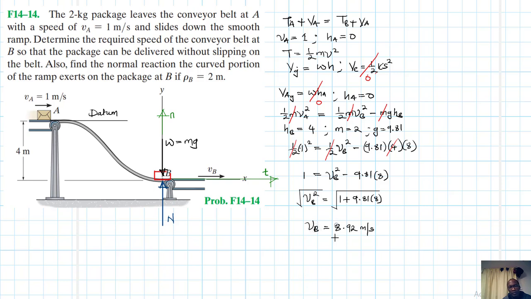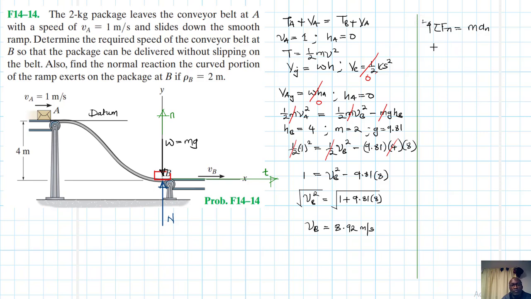So what we need to do now is to find the value of the normal force N. So let's apply the equation of motion. Summation of forces in the N direction is equal to m a_n, going up in our reference.